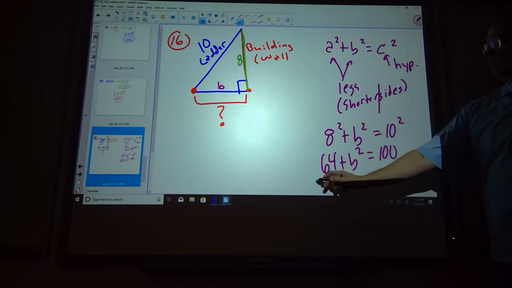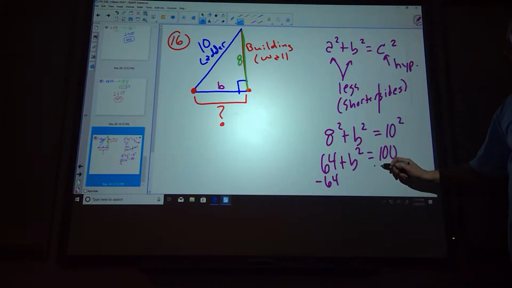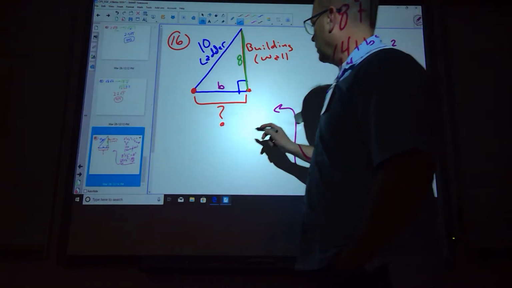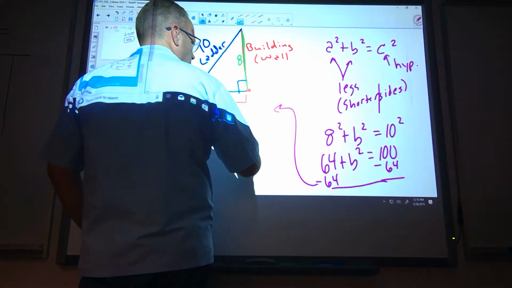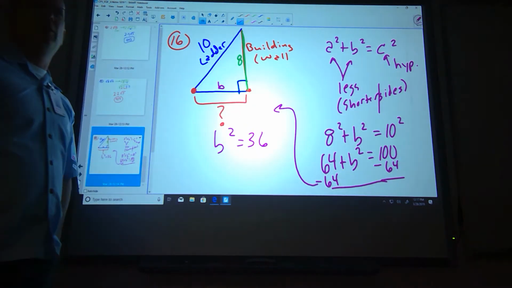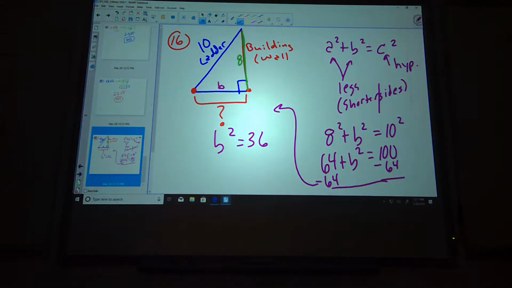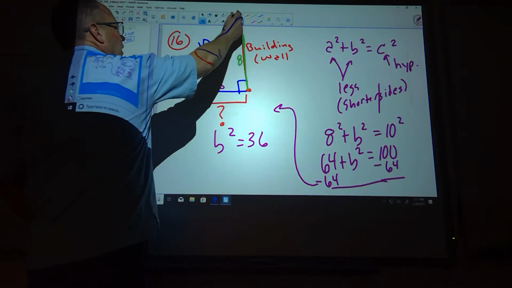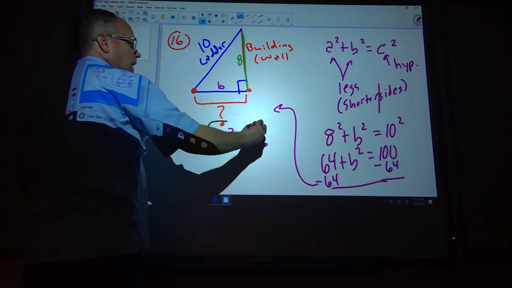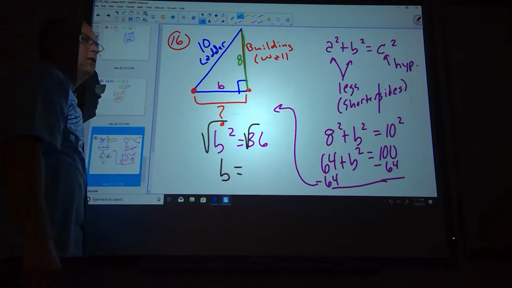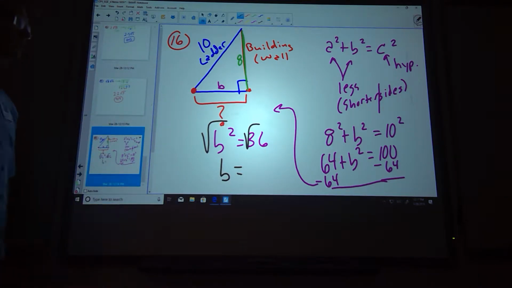Subtract 64. Good. So that's going to bring us over to having B squared is equal to 36, because 100 minus 64 is 36. And then really what we're doing here is I want to take the square root of both sides. So if I take the square root of 36, I get 6.